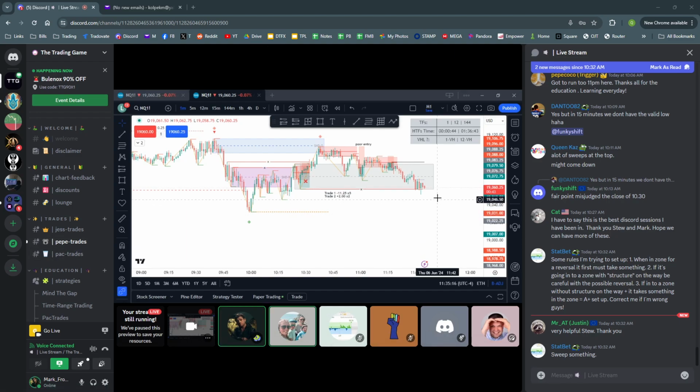So how big is that? That's a 32 point zone. At 4 micros, makes it like an 8. No, almost half. 32, 16. I'd be covering about 8 points.